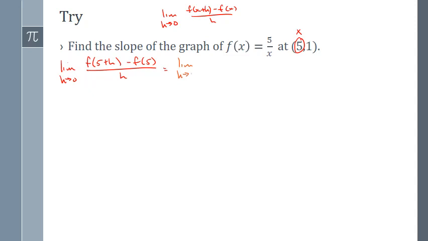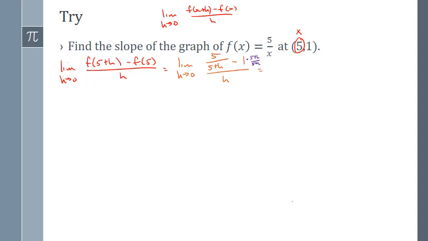So now we can actually plug into our function. Limit as h goes to 0 of 5 over 5 plus h minus 5 over 5, which is just going to be 1, all over h. Common denominator, we're just going to multiply the right hand side by 5 plus h over 5 plus h.